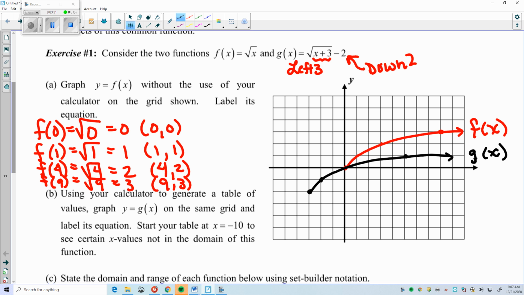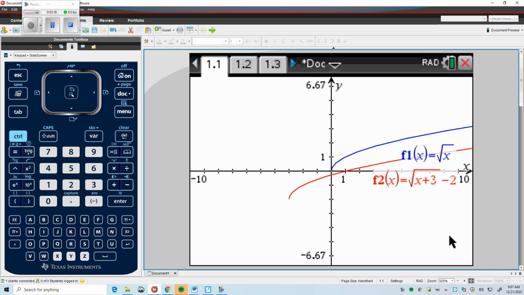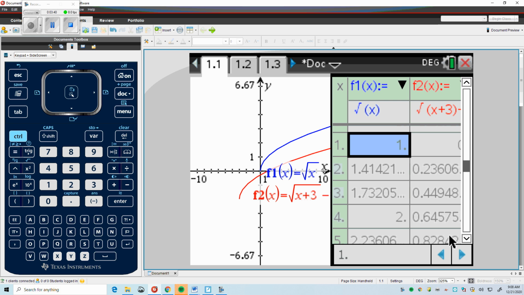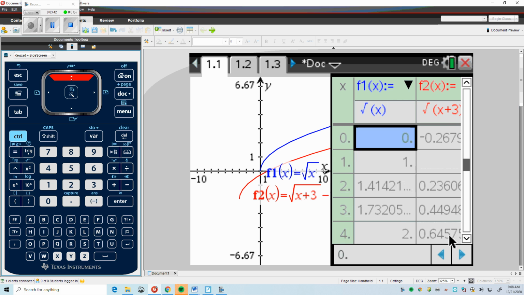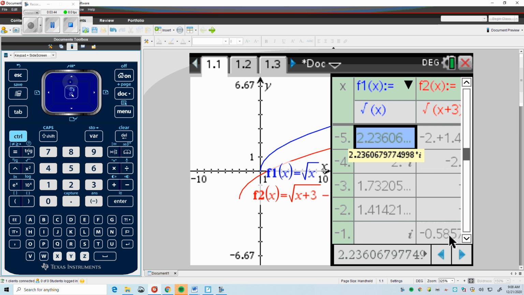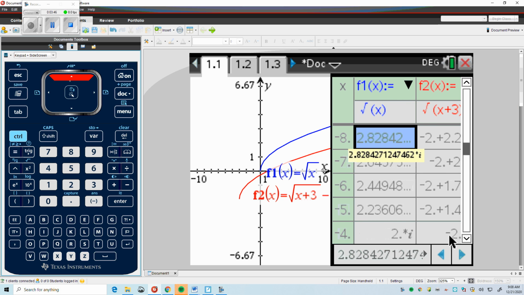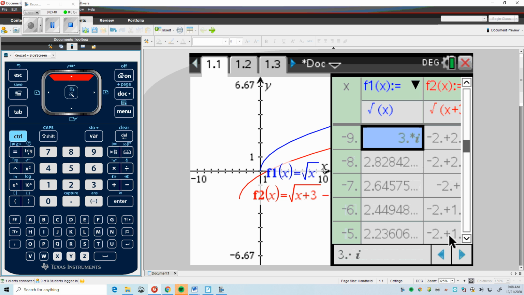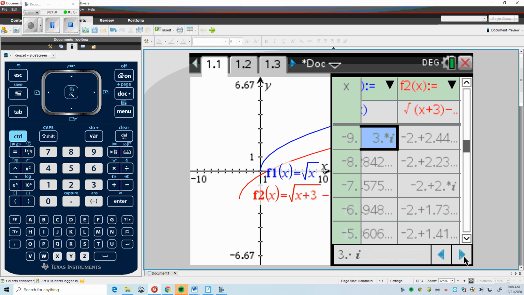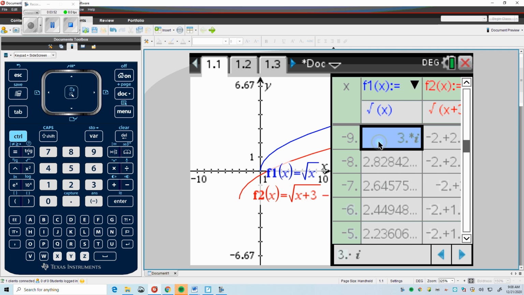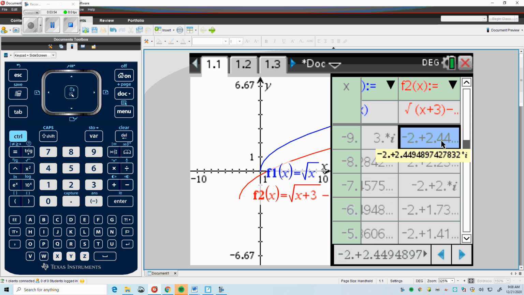So we are going to go to the calculator, and we're going to take a look at this. And in fact, those are the graphs that we got. If I were to take a look at the table, now it said start the table off at negative 10. Well, check out what happens with negative 10. If I were to look at some of these values, I'm getting some imaginary numbers. I get an i value here. And over here, if I highlight it again, I'm getting an imaginary value.